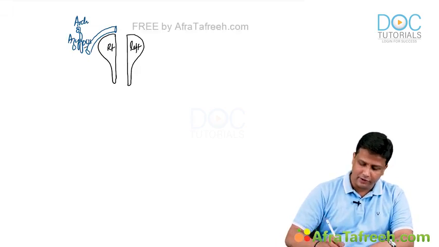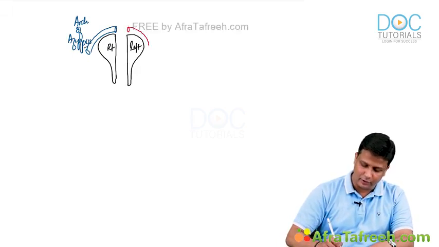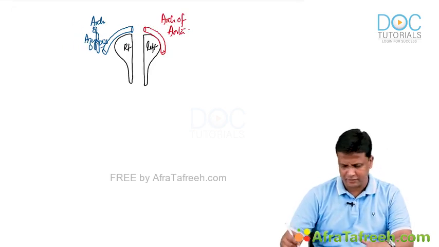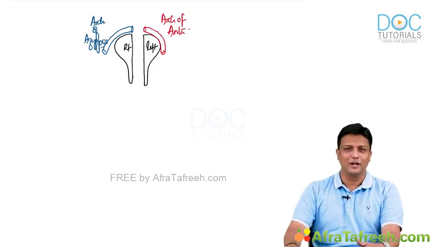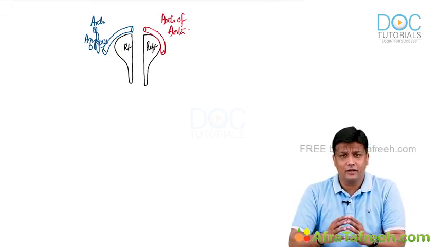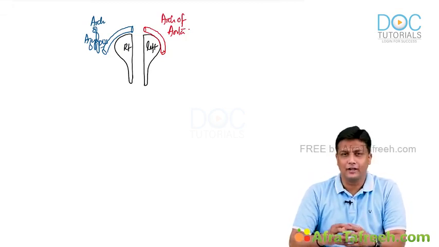And similarly above the root of the left lung you will be able to appreciate one more arch over here, and that will be the arch of aorta. A small thing but very much important, has been tested in the exam, guys. And by this we finish everything regarding the root of the lung in a very conceptual manner. Thank you. Done.